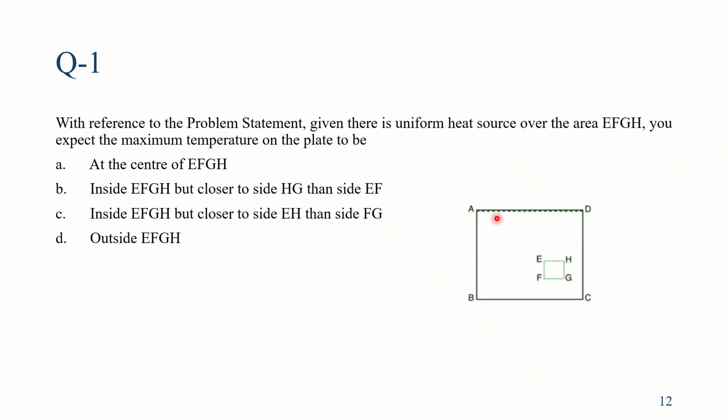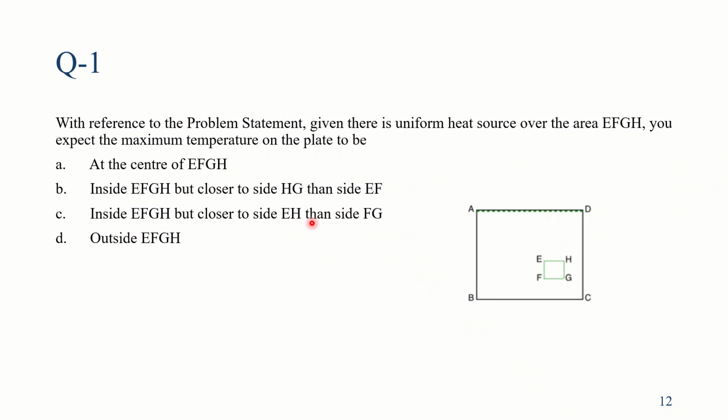Why? Because the adiabatic wall has no heat exchange, but DC, AB and BC all dissipate heat. So the temperature would be higher near the adiabatic wall and lower near the convective walls.